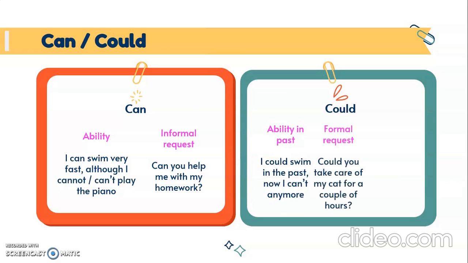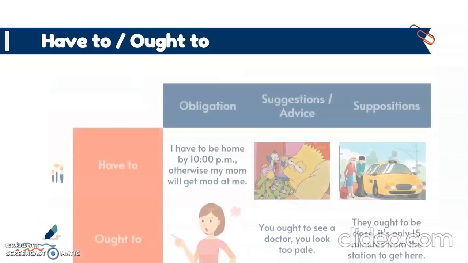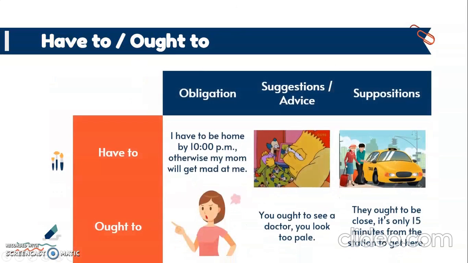We also use could to make formal requests. Could you take care of my cat for a couple of hours? And we also use could to talk about possibilities. The problem with your computer could be the internet. Now we have the two exceptions. As I told you before, have to and ought to are two exceptions to the general rule of modal verbs.